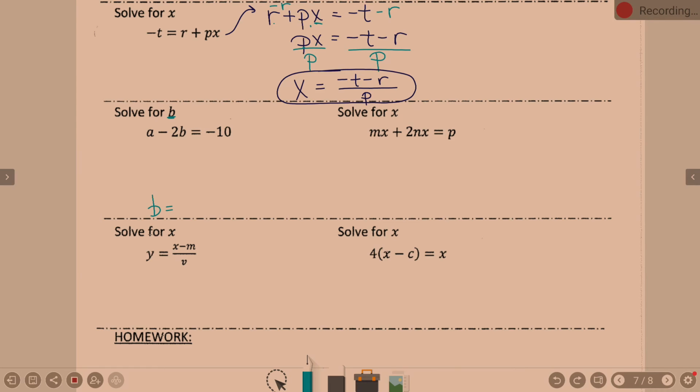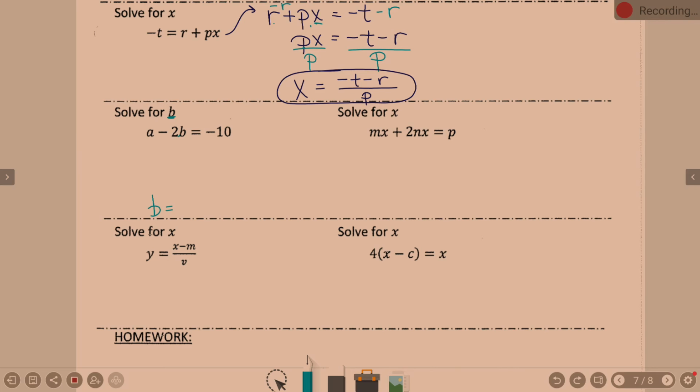In the meantime, I have a minus 2b. So first of all, before we can get b by itself, we need to get 2b by itself. So that means I need to move the A. I'm going to move the a first.